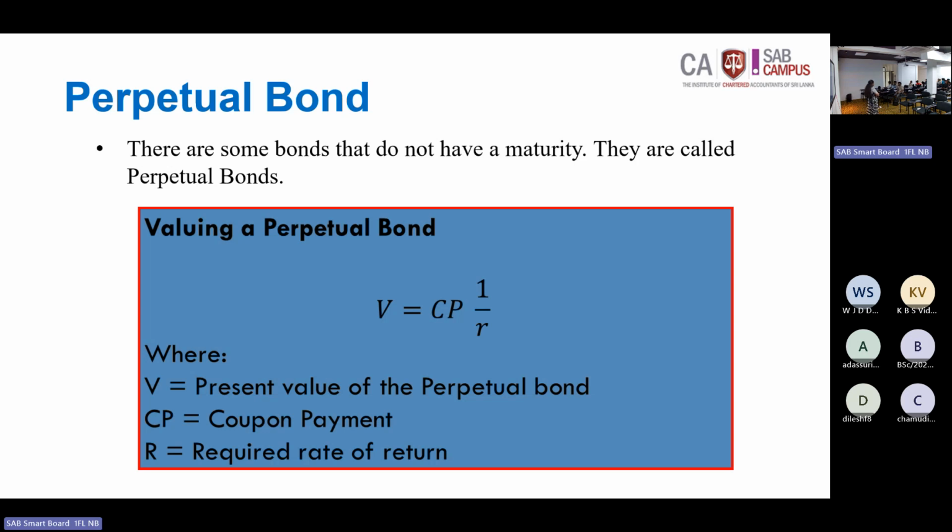Very good. Only the coupon payment, right? During this infinite time period, the investor is getting only the interest. So how can we value this perpetual bond? Coupon payment divided by the required rate of return. This is the value of this bond.